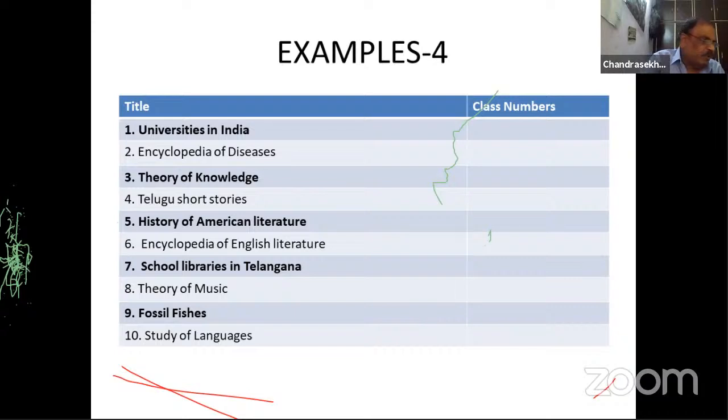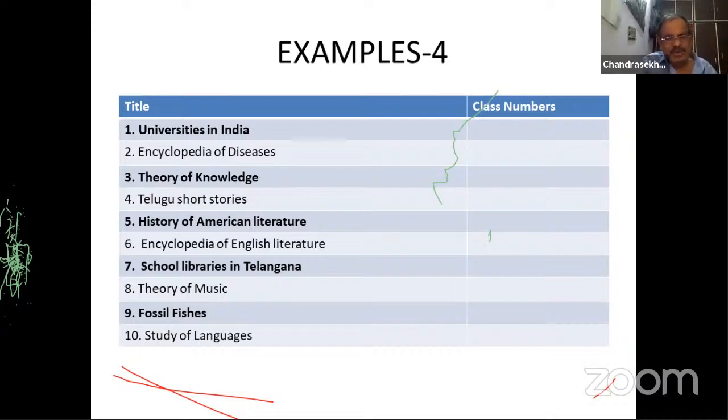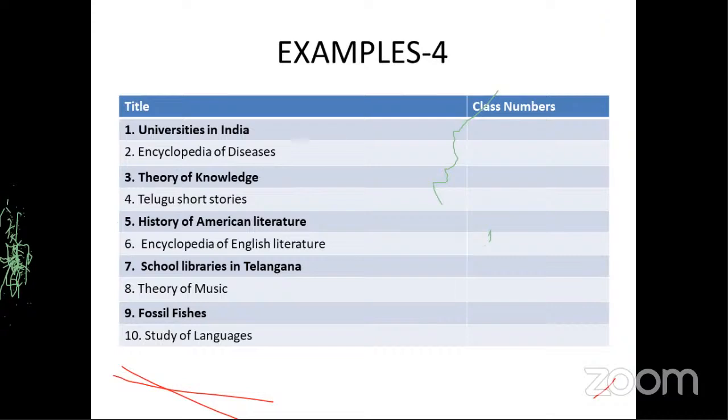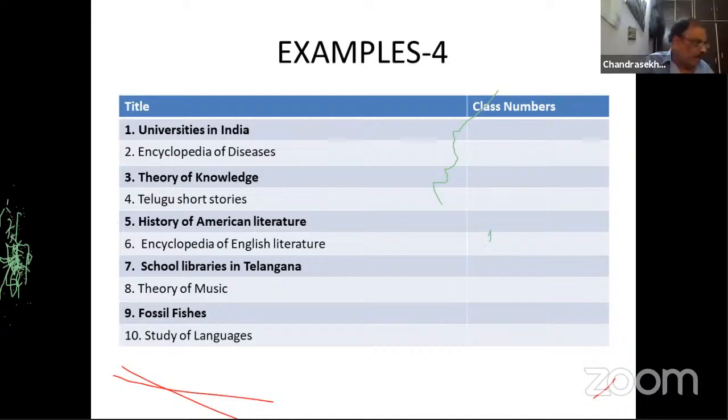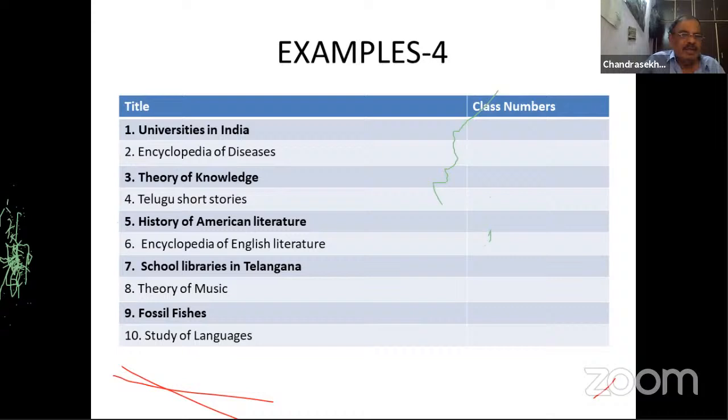Then Encyclopedia of English Literature. English literature is 820. Encyclopedia is 03, from table 1. Here, for 8, is there any division, or do you have to use table 3, or can you also use table 1?